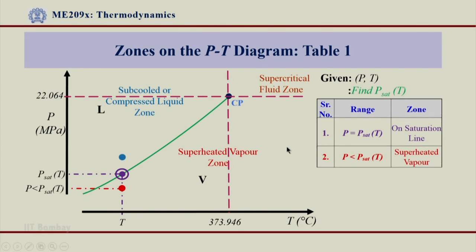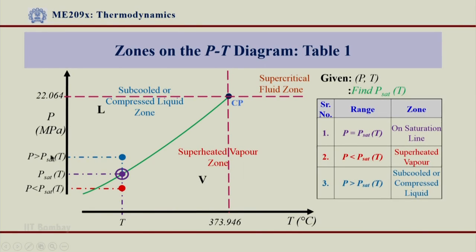The third case will be P more than Psat(T). If the given pressure is more than Psat(T), it lies in the subcooled or compressed liquid zone. It can lie anywhere in this zone actually, isn't it? And therefore, we say that it lies in the subcooled or compressed liquid zone.